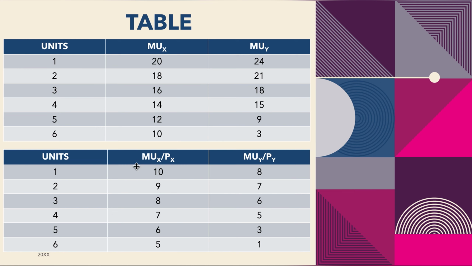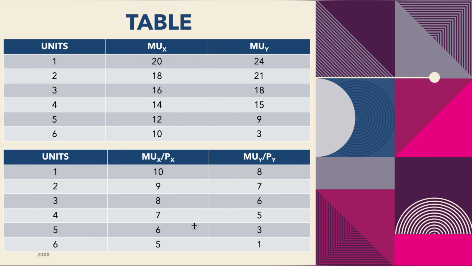In the second table, we have the ratio of marginal utility to price for both goods, good X and good Y. We can see this ratio is also decreasing throughout. But what to note at this point is that when three units of good Y are consumed and five units of good X are consumed, the ratio of marginal utility to price for both goods is equal.